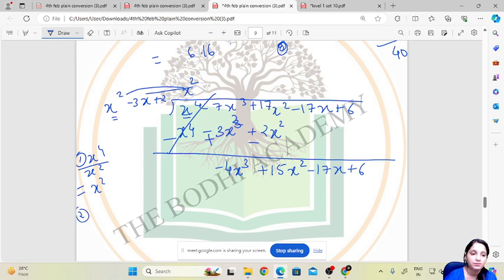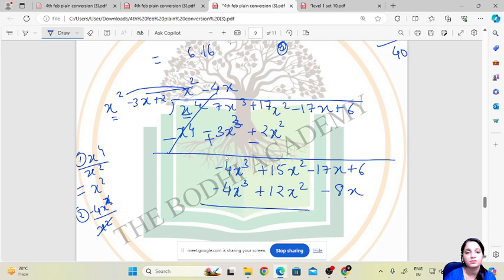Second, minus 4x cube upon x square, this will get cancelled, minus 4x remains. Minus 4x into x square is minus 4x cube. Minus 4x into minus 3x is plus 12x square, and minus 4x into plus 2 is minus 8x.